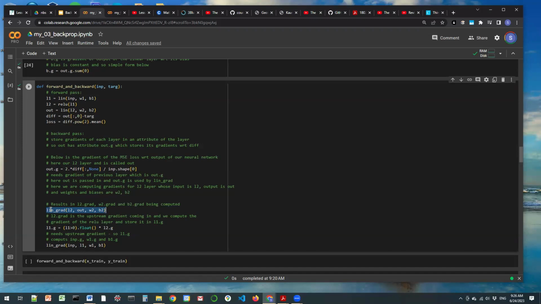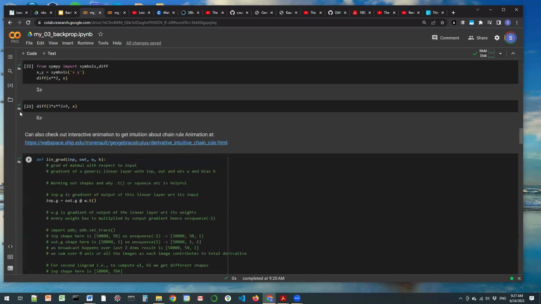Okay, so let's now get into the code for linear grad, which will explain it even better. The definition of a linear grad. Now, remember that this is a function which computes the gradient of a linear unit. The linear unit has an input, an output, a weight, and a bias. For the second linear layer in our network, the input coming into the second layer is L2.